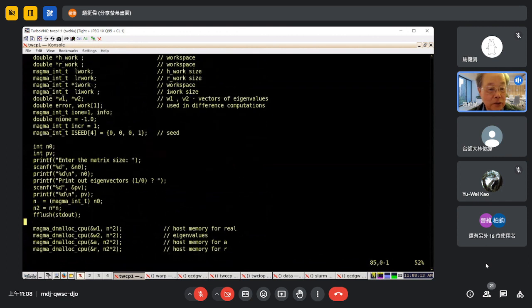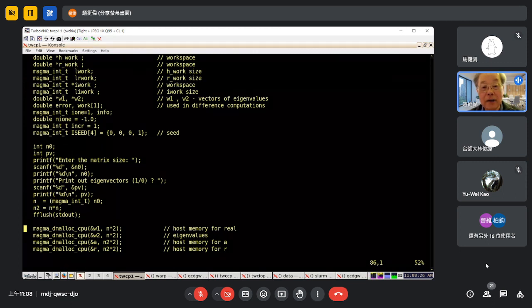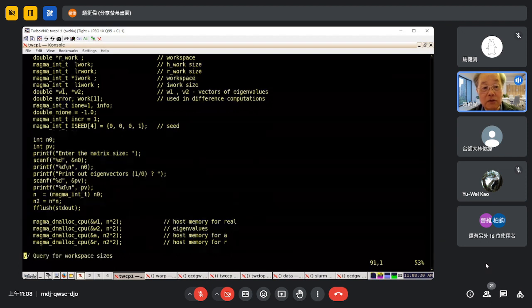So this allocates the space for the MAGMA routine, and also for LAPACK, since I have to compare the results from MAGMA and from LAPACK.